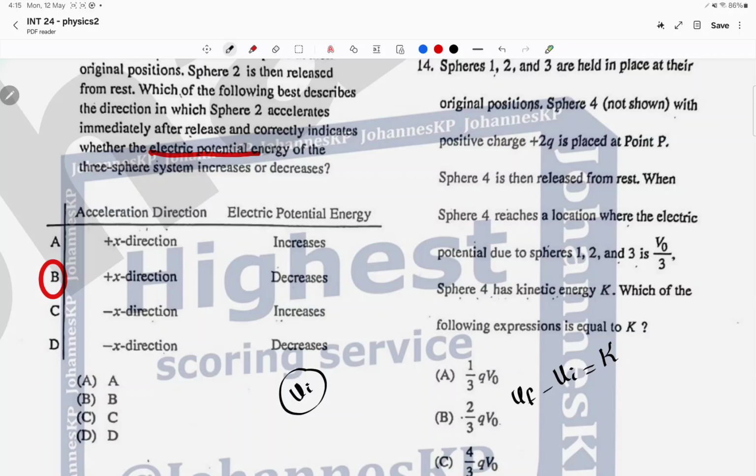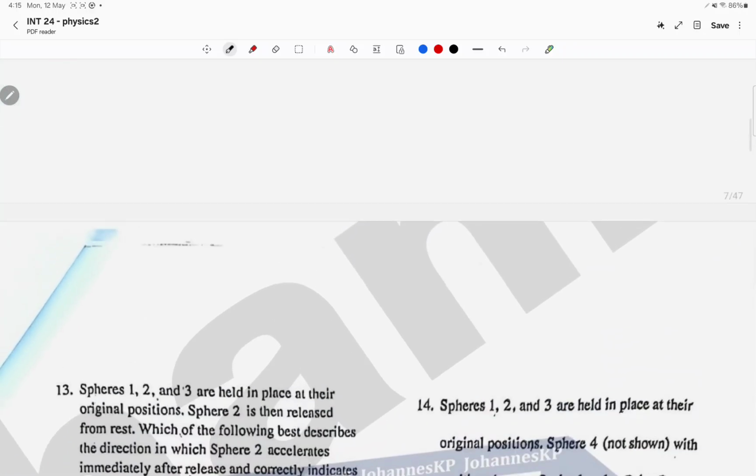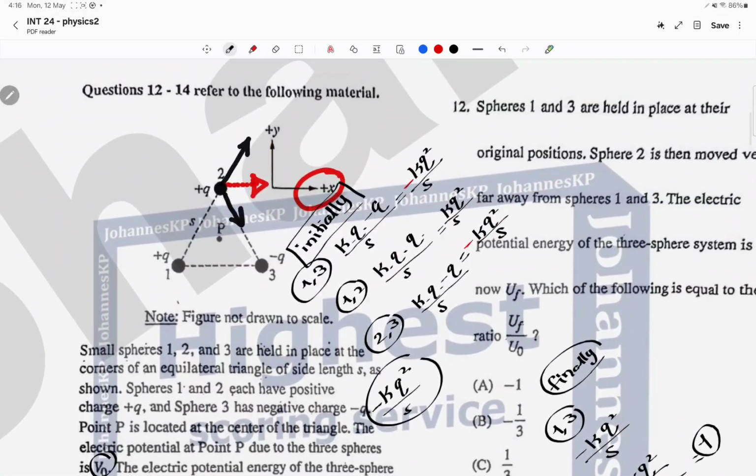So how would I do that? I would basically multiply the voltage of the entire system by sphere 4. Sphere 4 has a charge of 2Q, right? Right now it's placed at point P, so let's find the voltage at point P from the three charges combined.